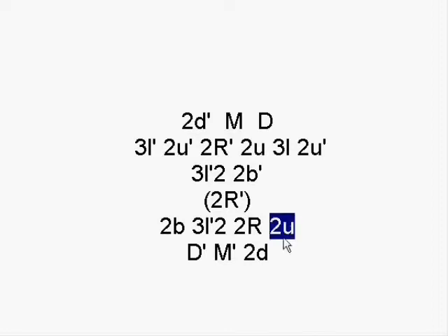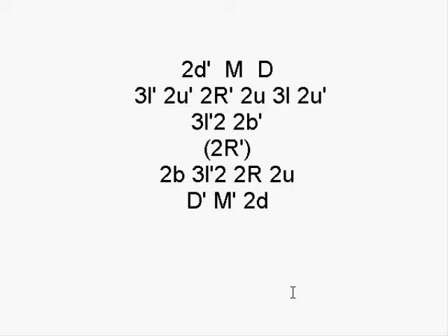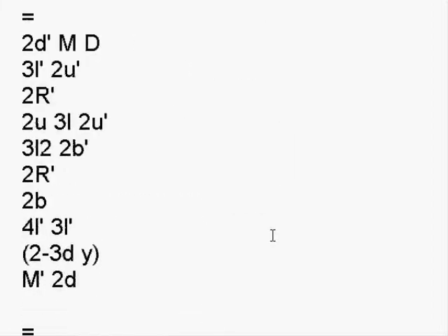First, we're going to cancel 2U with D prime. They're moving in the same direction and they're opposite faces, so we can merge them as a single inner slice with a Y cube rotation. At the same time, we can also cancel this triple layer turn of L with this single inner layer turn of R, to make it 4L prime, 3L prime.